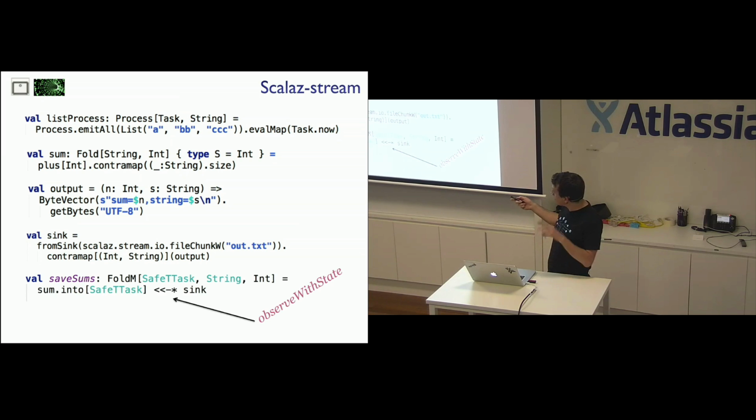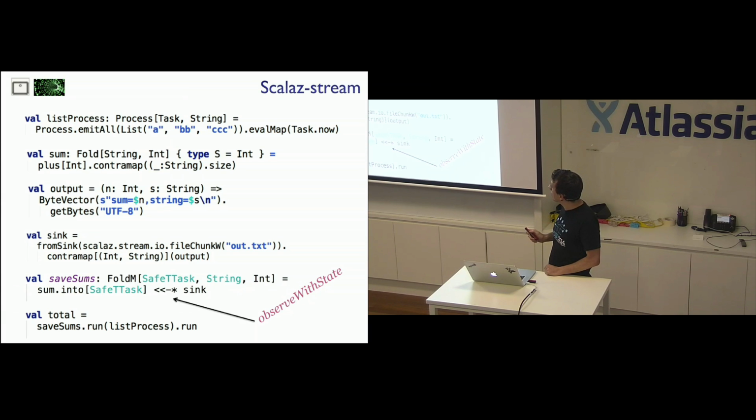Eventually, my final fold is going to be something like that. That's the fold doing simply the summing of each line, returning an int eventually. And I'm going to observe what's going on as this thing is folding using this sink. So this strange looking operator here is actually observe with state.